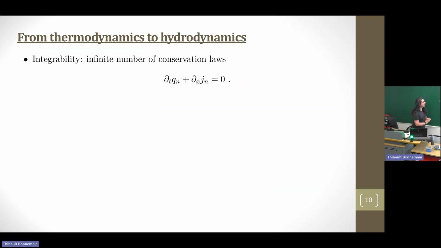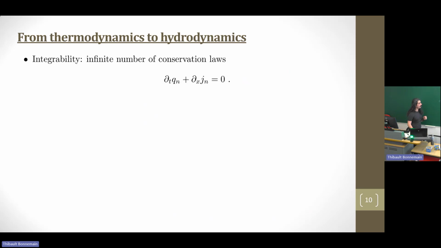So now we have enough to construct the hydrodynamics of the KdV soliton gas. So again, let me write my microscopic conservation laws here, as I did during my first lecture on hydrodynamics. And the difference here is that I'm dealing with an integrable system, so I have an infinite number of conservation laws.